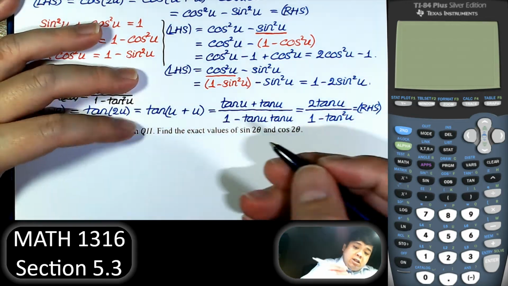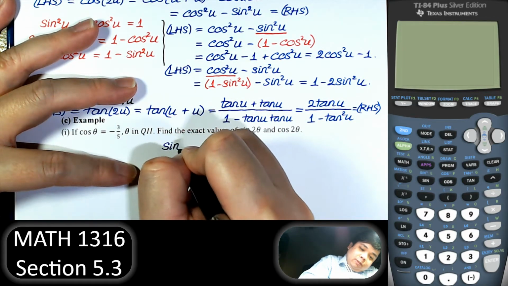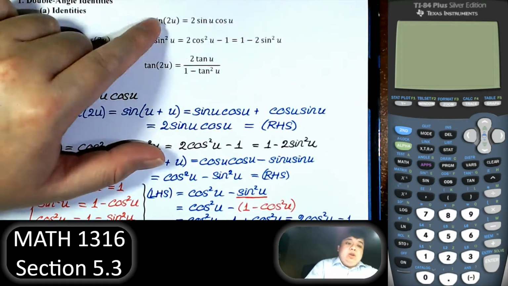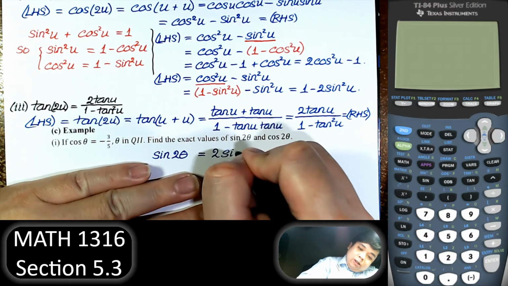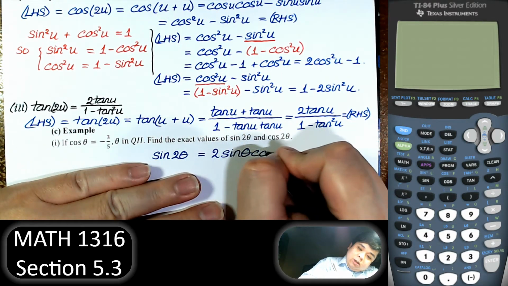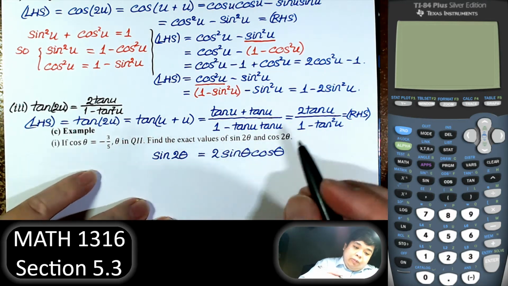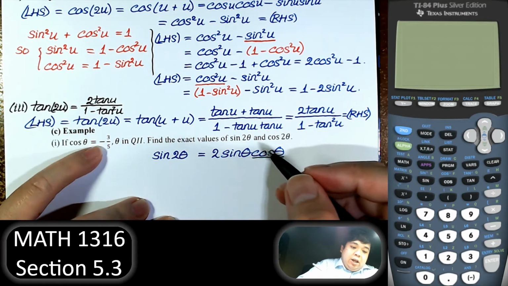Right, let's first write sine of 2 theta. According to the double angle identity, it's going to be 2 sine and cosine. We know the cosine, which is given, negative 3/5.